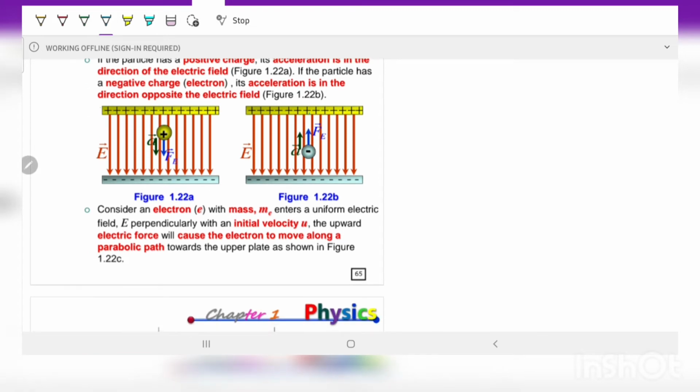Macam mana nak faham ini? Senang sahaja. Ini adalah positive plates, ini adalah negative plates. Okay, kita recall balik. Kalau positive charge, electric fieldnya directionnya lah outward, keluar. Kalau negative charge, dia punya electric field surrounding it adalah ke dalam, inward.